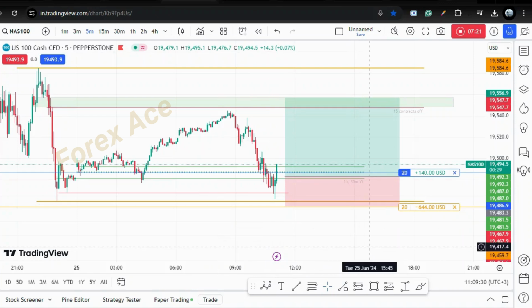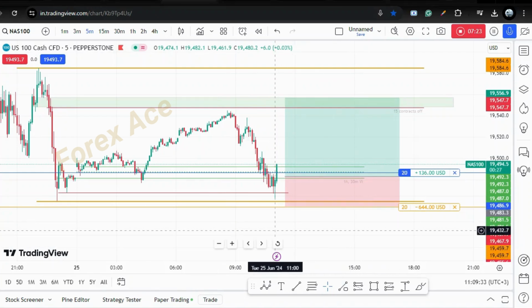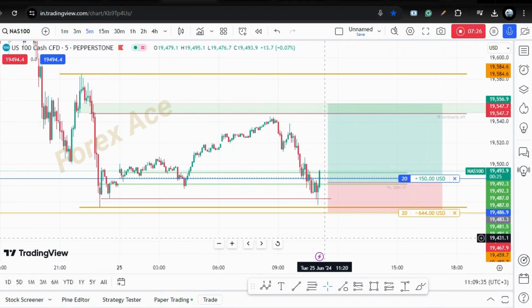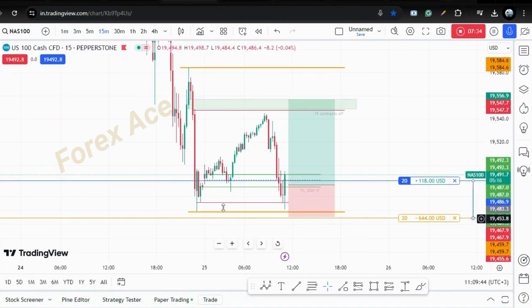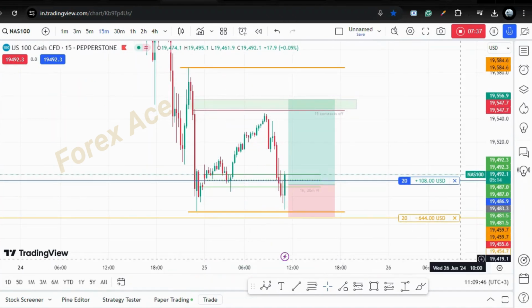Sorry guys, I was putting the trade on my live accounts, the same trade. So I'm going to update you on the progress of the trade. Let me now clear all these lines that are unnecessary and just leave the main.